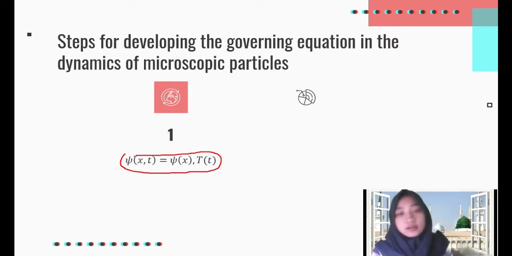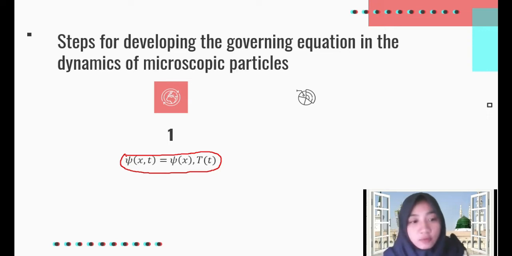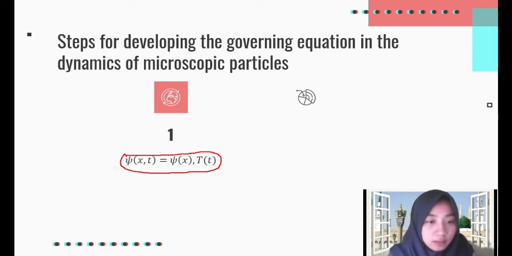Firstly, we rewrite the symbol for a one-dimensional wave function Ψ(x,t) and split it into spatial and temporal components as follows.